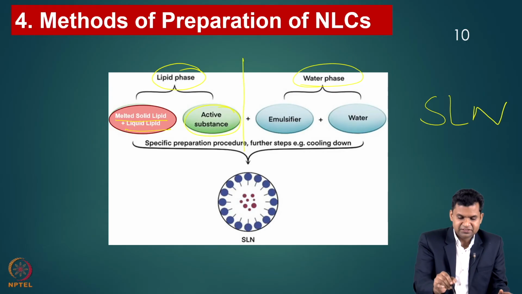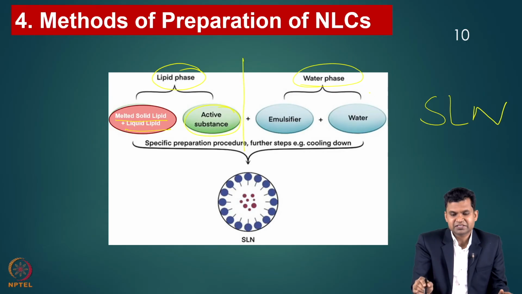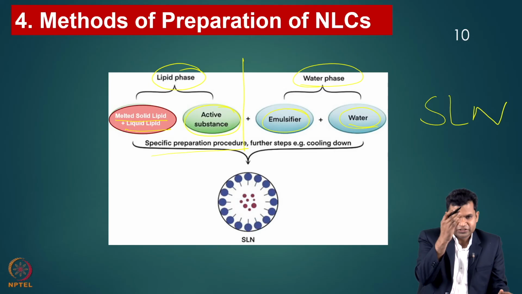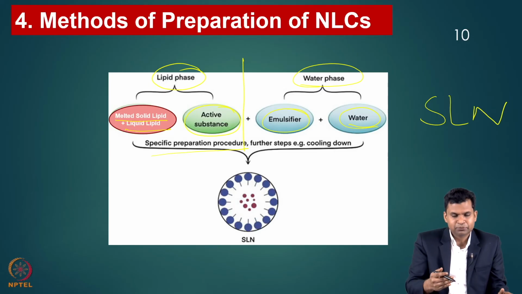That is one phase. Then prepare a water phase, adding your emulsifier or surfactant into the water as per the requirement. Now you can select the required procedures as we have seen in the previous slide. In the table, you take the desired protocol and desired equipment for the preparation of the NLCs. And then you need to cool down, and then you will get NLCs.